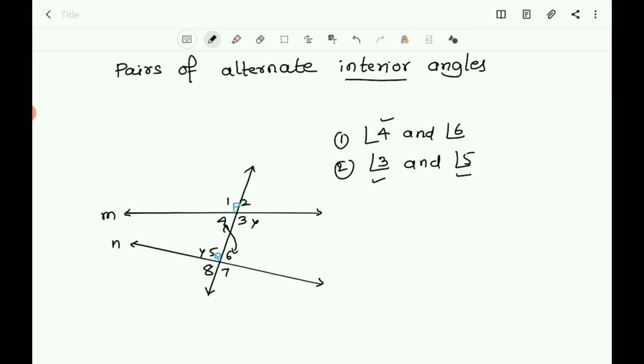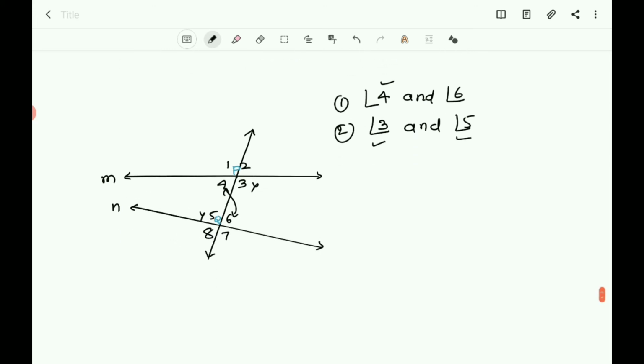They are two pairs of alternate interior angles.